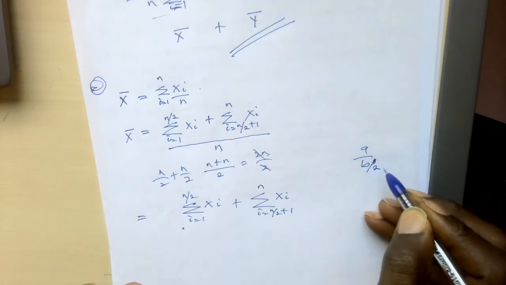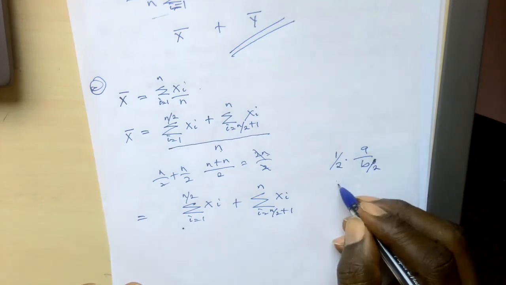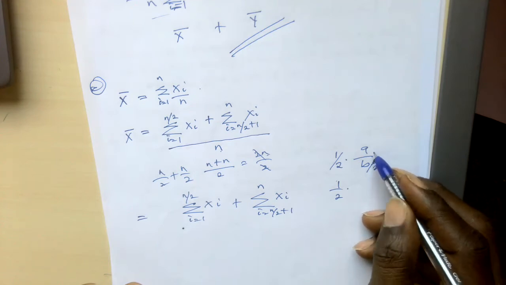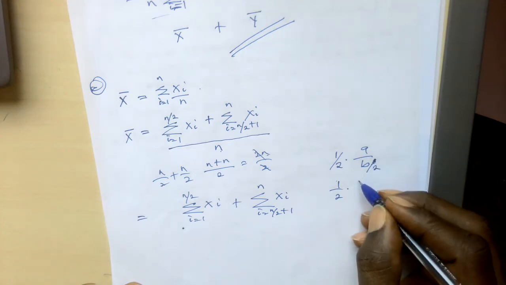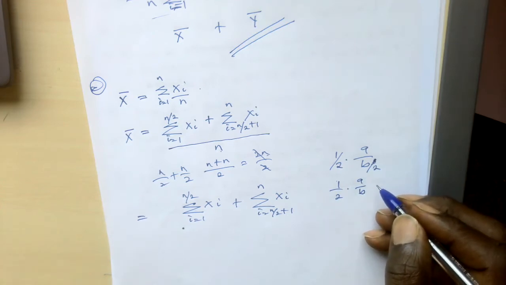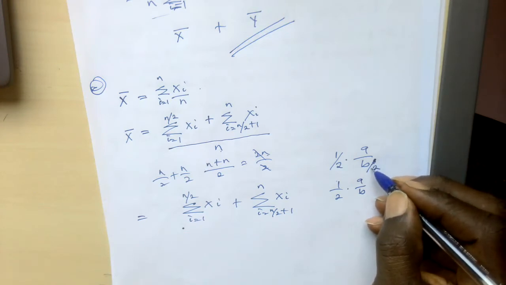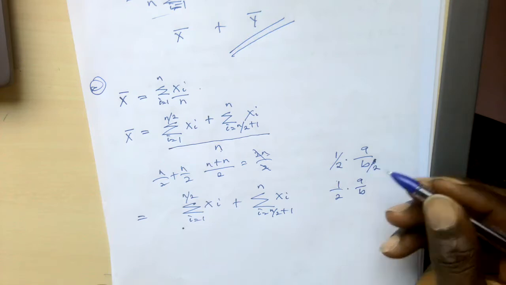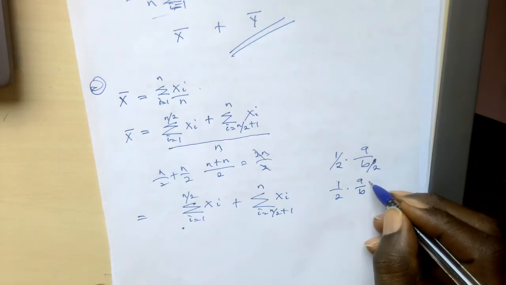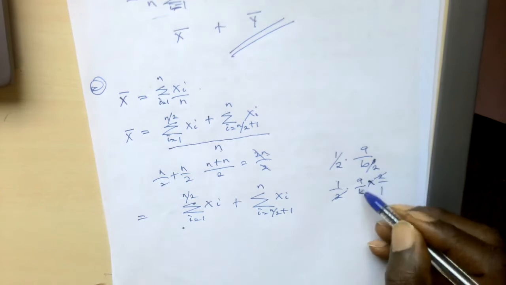When the division changes to times, by your basic algebra, we have times 2 over 1, so these 2 cancel out, and we are left with a over b.